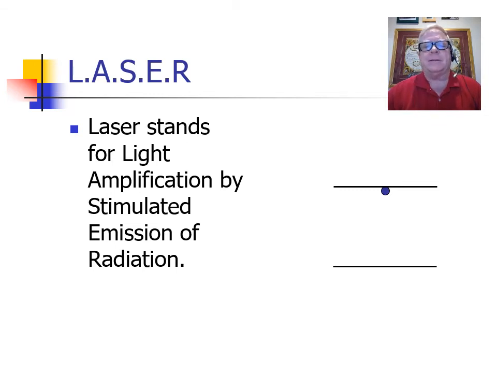Basically, what's going on here is this. If you have an atom with some energy levels, and some of your electrons have been excited, and so they are in higher energy levels, and you shine in photons of just the right frequency, the frequency that would match the frequency of a photon that would be emitted if the electron were to drop down to a lower level, then the electron can be stimulated to fall down to the lower level.